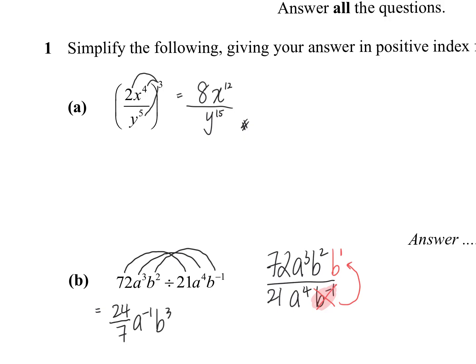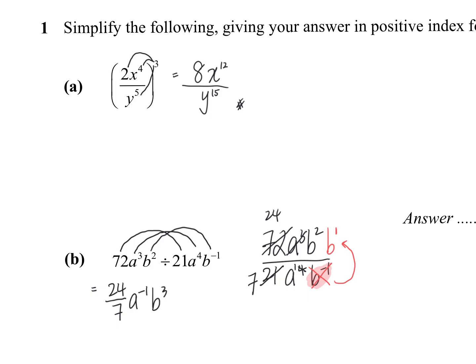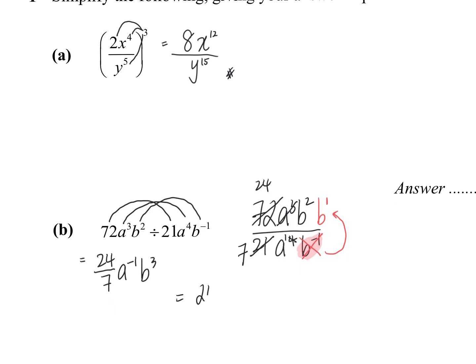Once you do that, then you start doing your cancellation. So this one got 3, left 1 only. Then you ended up having 24B cubed over 7A. So this B minus 1, you bring it up to be B1.